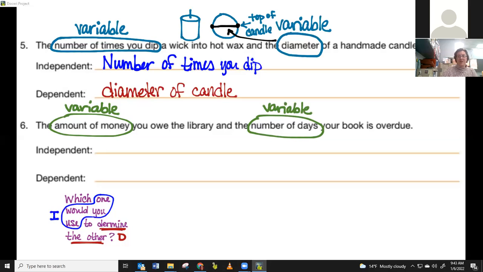All right, I'm going to relaunch our poll. Is the amount of money determined by how many days overdue your book is? Or is the number of days determined by the money? Which one kind of causes the other? Waiting on a couple more people.